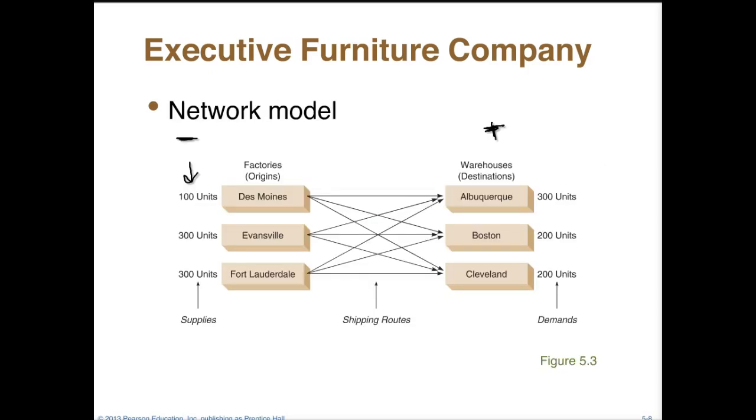So just coming back here for Des Moines, if we follow one of these edges here, this is the supply. So we're saying that what's leaving Des Moines is going to be negative d sub A, and then here, negative d sub B, and then here, negative d sub C. So going here, here, and there.